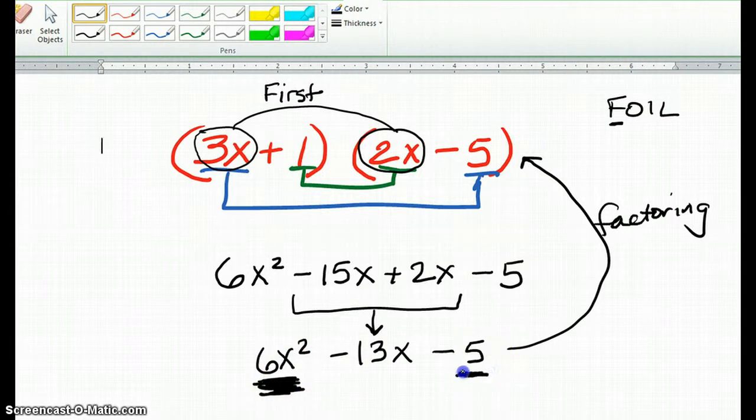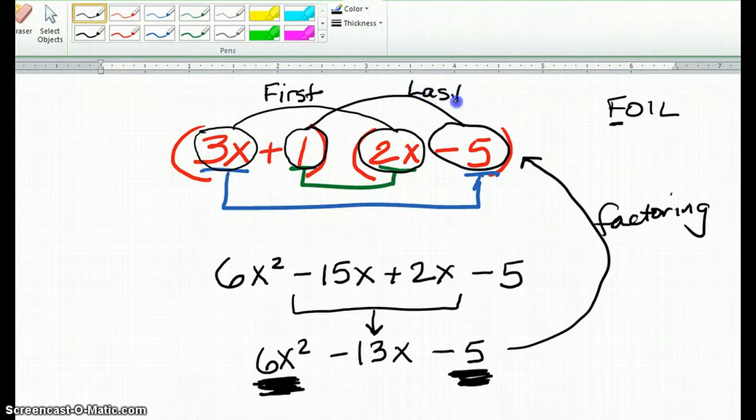Now, how do you get this term right here? This is the last term, so clearly you would multiply what we call the last terms: 1 times negative 5. So this is the last terms. The first term is achieved by multiplying the first two terms up here, and the last term is achieved by multiplying the last terms in the binomial.